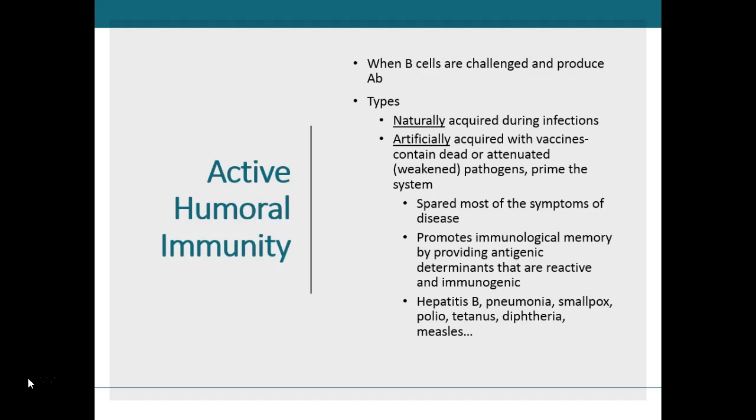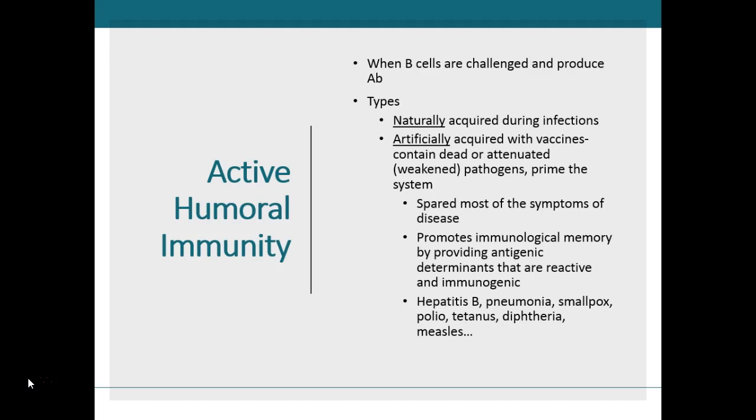So we look at a couple of different ways to acquire this type of adaptive immunity. So naturally acquired humoral, remember humoral means of the body fluids, so naturally acquired humoral immunity results from acquiring an infection or a disease.